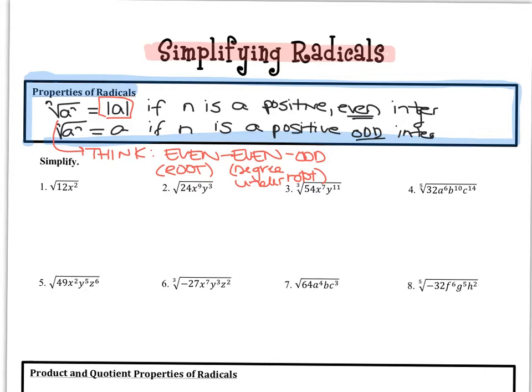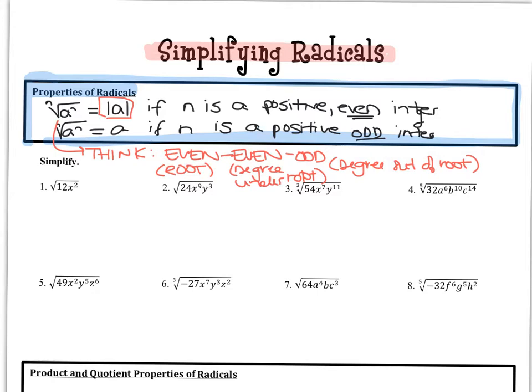And the odd means I have an odd degree out of the root. So if I have an even root and an even degree under my root, but then the outcome when it's out of the root is odd, it's going to get an absolute value sign.